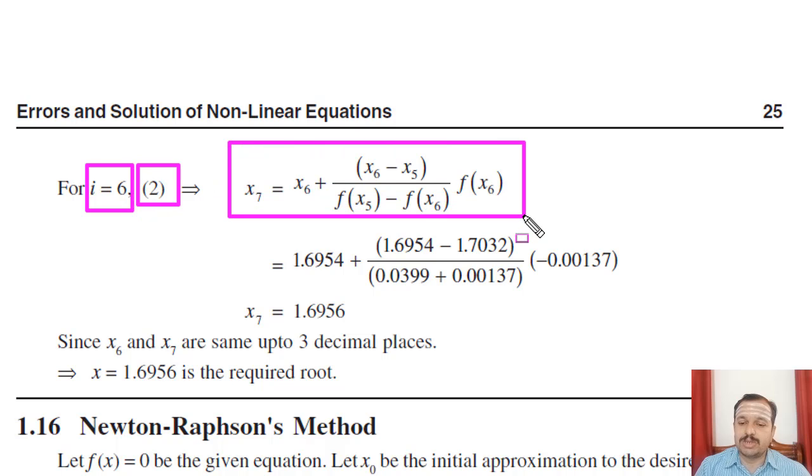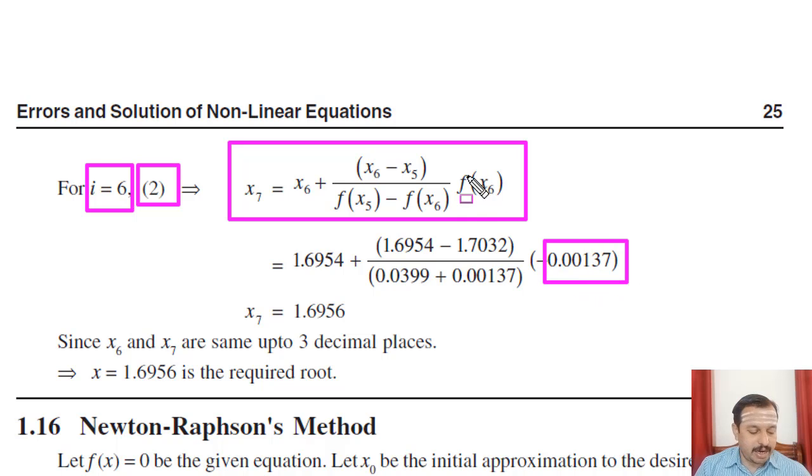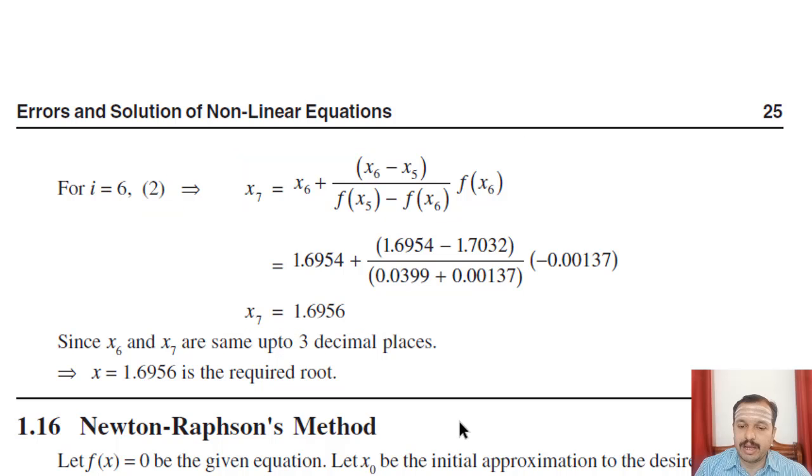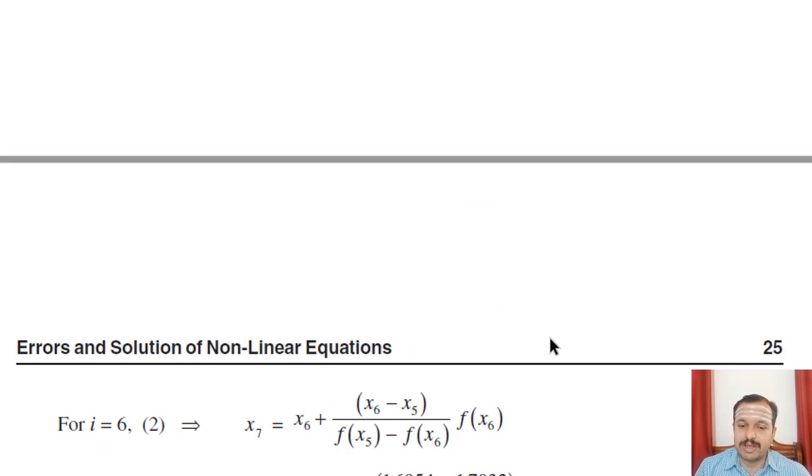By this formula, f of x6 you need, x6 you have already obtained, f of x6 you compute, and you will get the answer as this much, and you substitute it over here, and after substituting and after simplifying the right hand side, the value of x7 is going to be 1.6956.